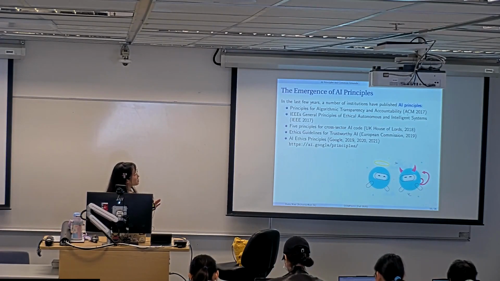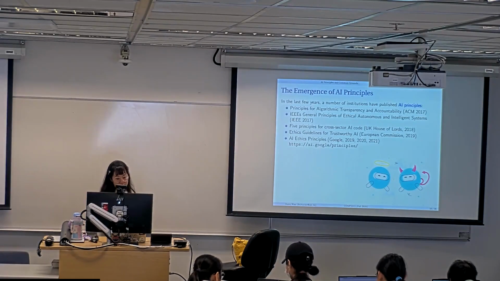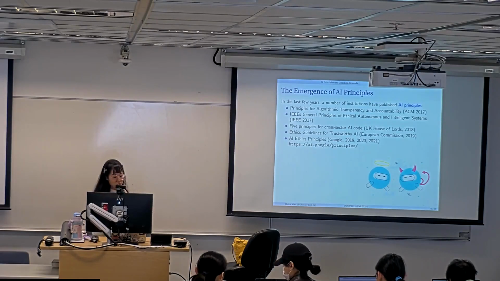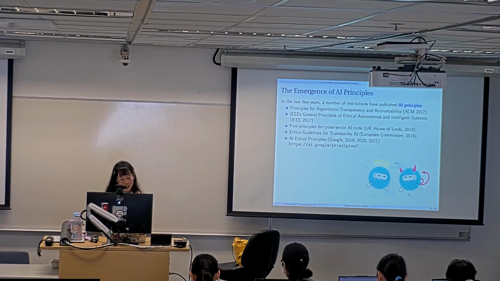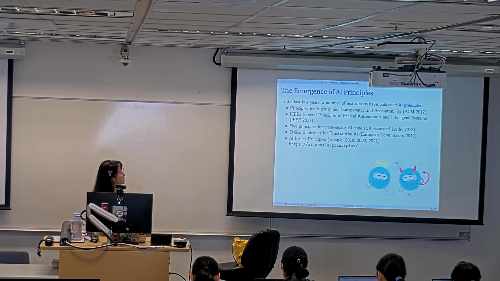Some famous ones: ACM published in 2017, IEEE also in 2017, the UK House of Lords in 2018, the Ethics Guidelines for Trustworthy AI by the European Commission in 2019, and Google in 2019, updating it almost every year. So we have seen the emergence of AI principles.